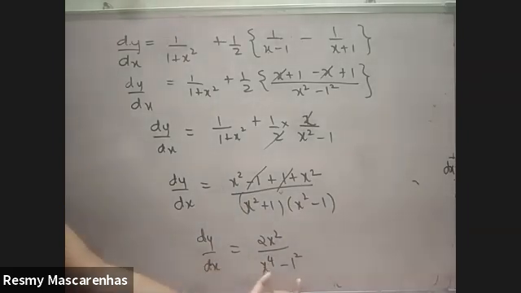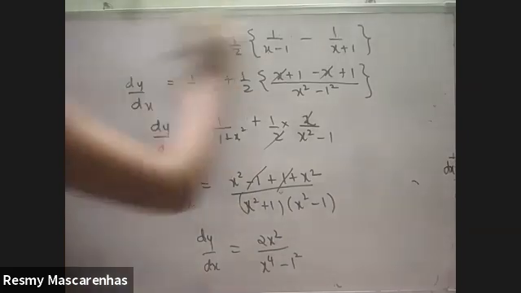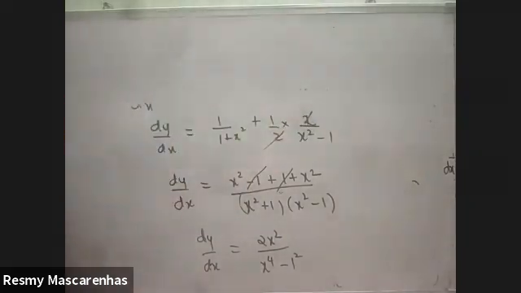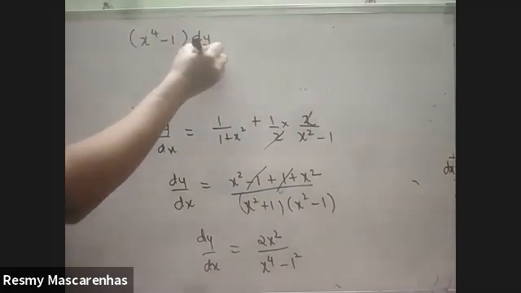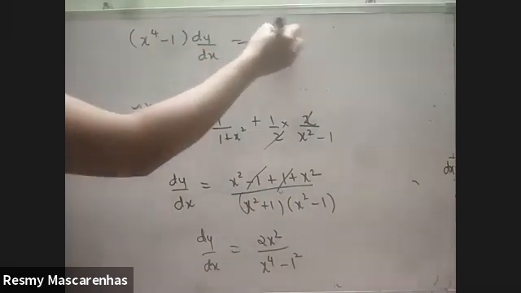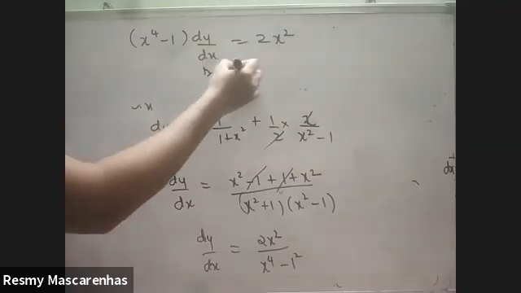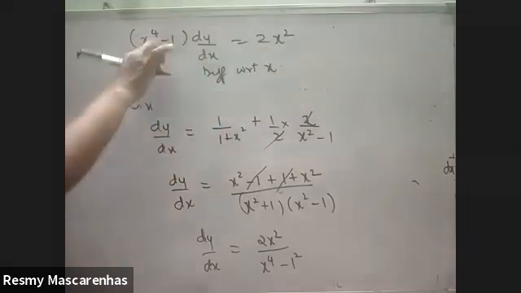And now what you can do, take this denominator and differentiate it for the second time. u into v rule.